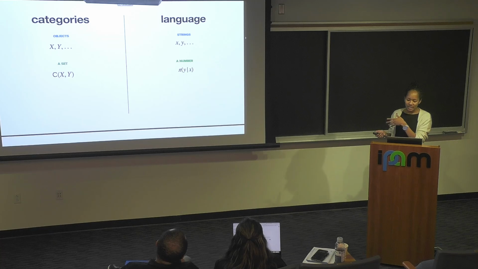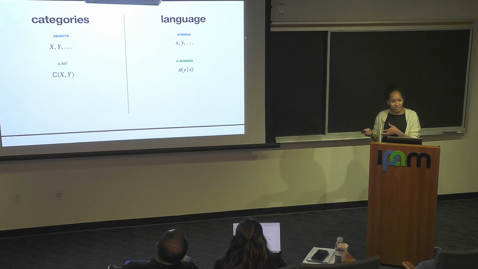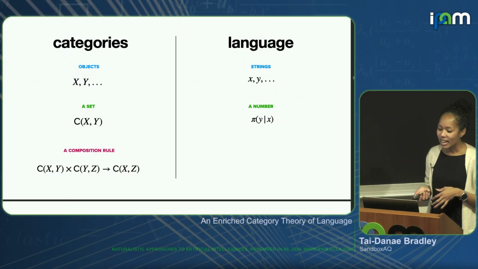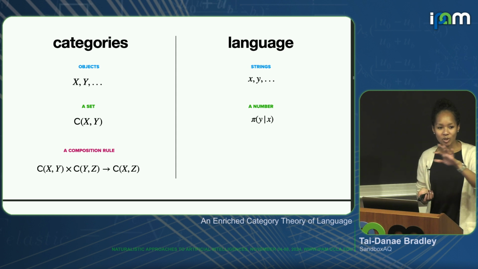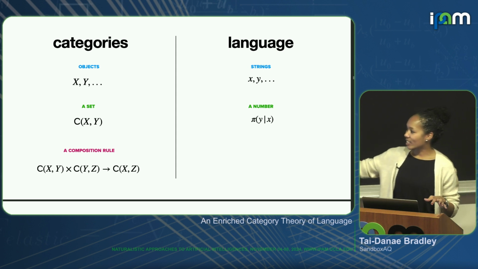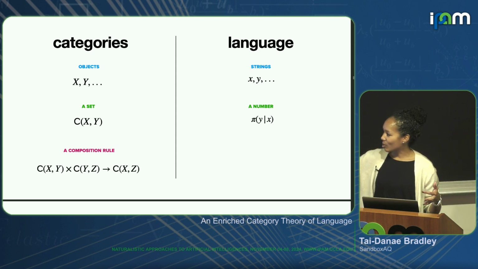Okay, so these arrows are decorated with something like conditional probabilities. So in general, I have numbers now. In category theory, I have sets. In language, we also have sets, but we have something more. Now let me keep on with this analogy. I mentioned this composition rule in category theory. This is just a nicer way to write it.